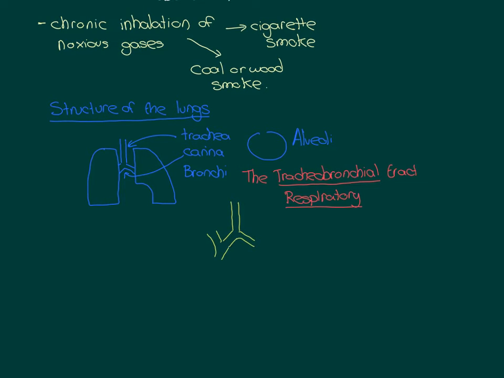So we'll do this on the right side. Here, this one has divided into two. So here's the right main bronchus, and it's now divided into two. And then the division process continues. So this one might divide into, I don't know, maybe three this time. And I think it does divide into three, this one that goes up to the top of the right lung. So here are three coming off this one here.